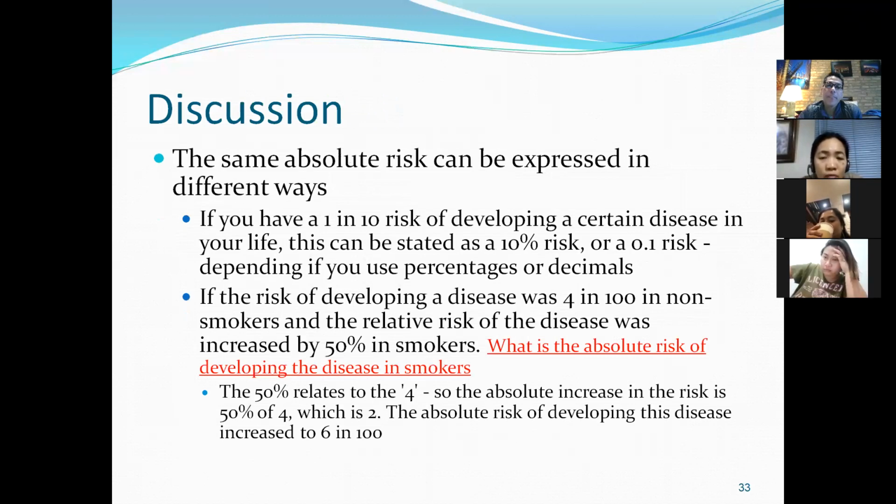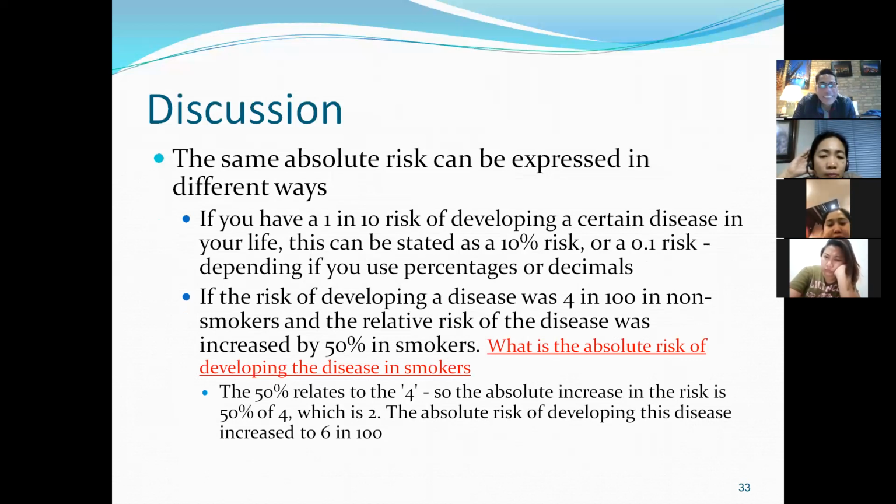If the risk of developing the disease was 4 in 100 in a non-smoker, and the relative risk of the disease was increased by 50% in a smoker, what is the absolute risk of developing the disease in a smoker? Now here, the absolute risk is basically the risk that relates to the 4 in 100. And therefore, the absolute risk of developing the disease increased to 6 in 100.